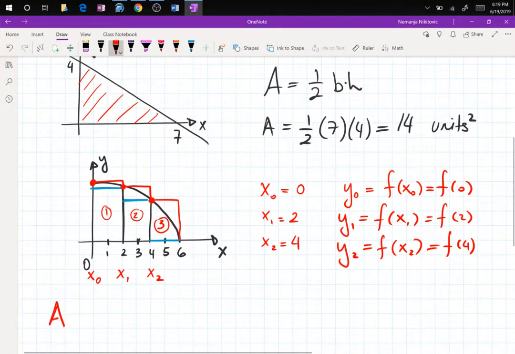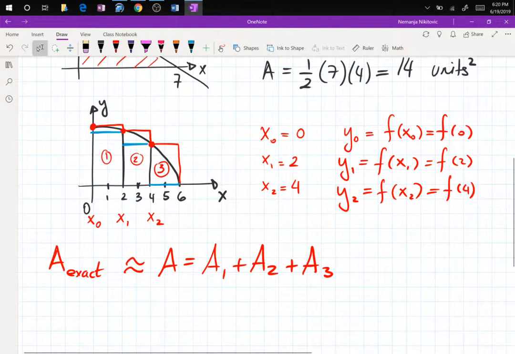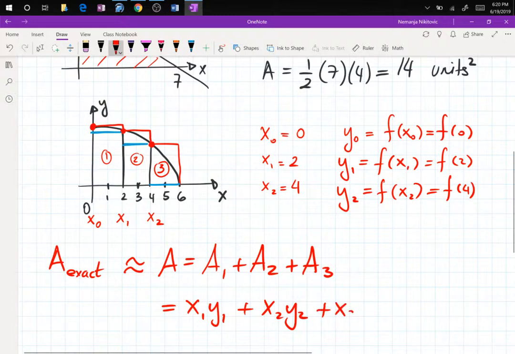So the exact area is approximated by the area which we get when we add the 3 areas that we approximated. We know it's wrong, but it's the best we can do without software. So this area is x1, y1 plus x2, y2 plus x3, y3, and you have your x1s and x2s and so on up there.